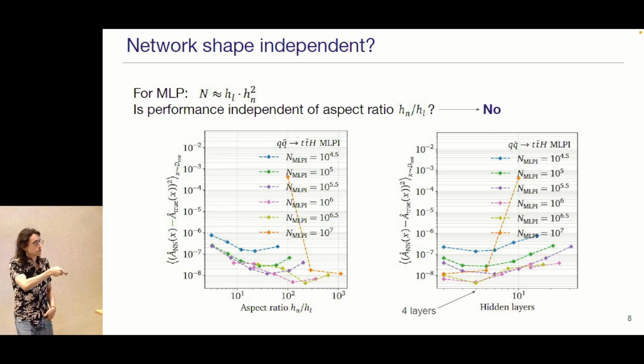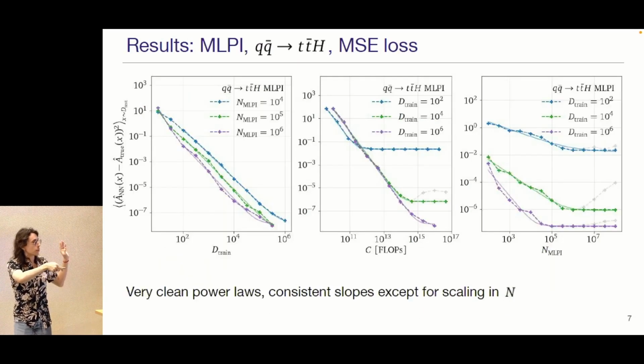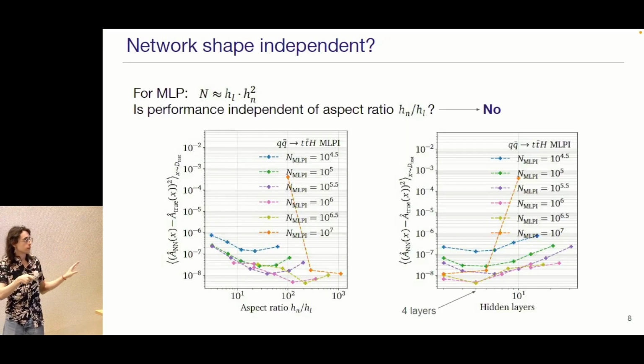We see, maybe by coincidence, that 4 layers seems to be a sweet spot for this process, so we decided to use that. But again, now that we know about the problem I mentioned here about the slopes, we now know how to fix this. This should also not be so much of a problem, but we didn't have time.